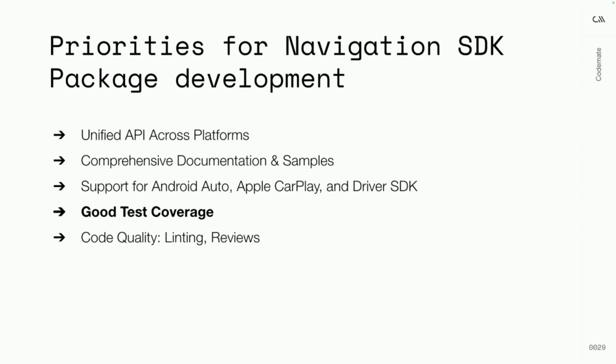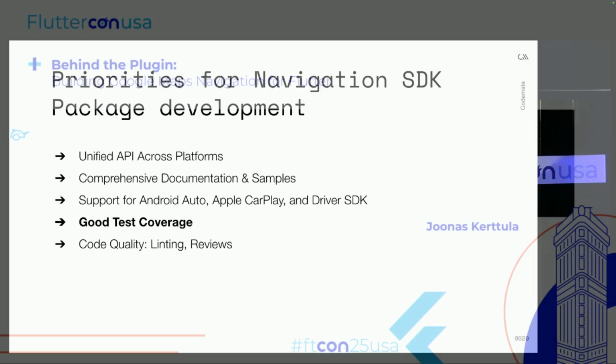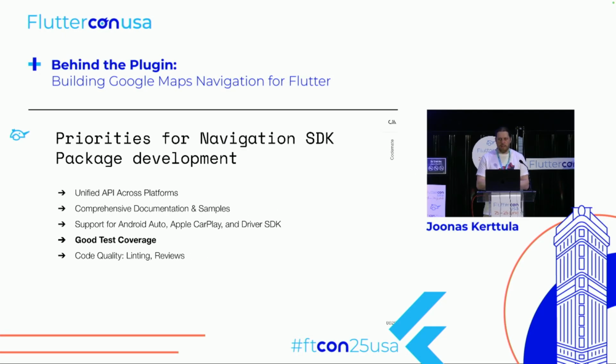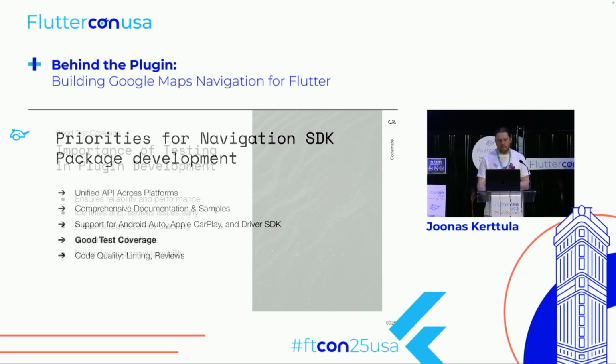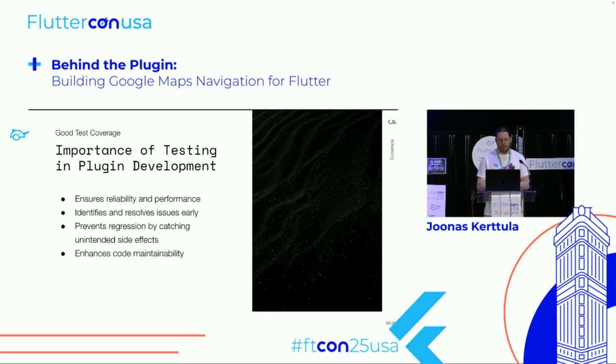Next area is good test coverage. It has been really important for us that every public method is tested. It ensures reliability and performance on the development. It resolves and identifies issues early.